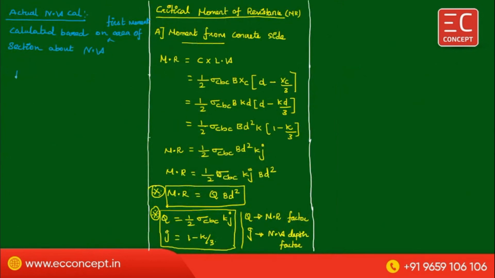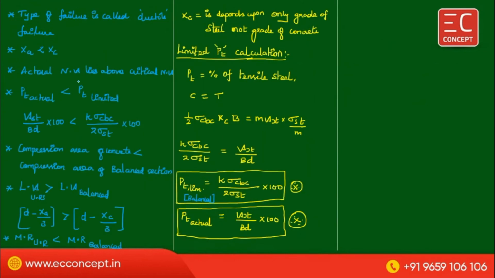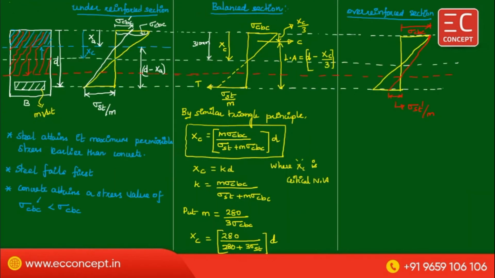So first moment of area, BXA square divided by 2, which is equal to MAST into D minus XA. So how? First moment of area about neutral axis. Listen, this is the under reinforced section area. Breadth into XA, you will get an area, into the centroid of this point to neutral axis, XA divided by 2.